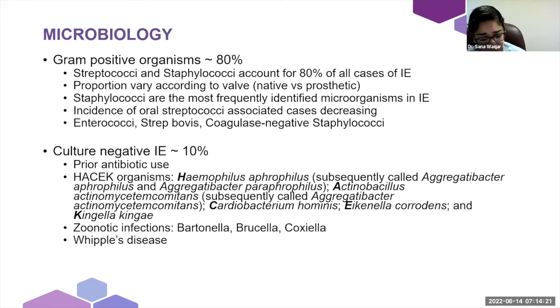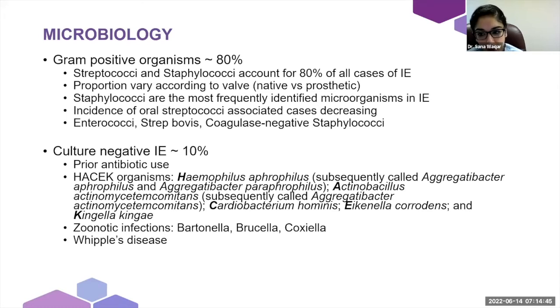The other subset you need to consider is zoonotic infections: Bartonella, Brucella, and Coxiella. Which one you suspect will be based on their exposures and history. So a good social history matters: whether they have had animal exposure, recent travel, and if they've had animal exposure, what kind of animals, such as farm animals.